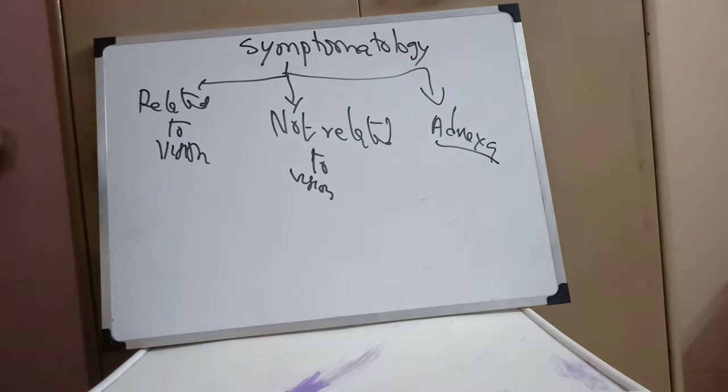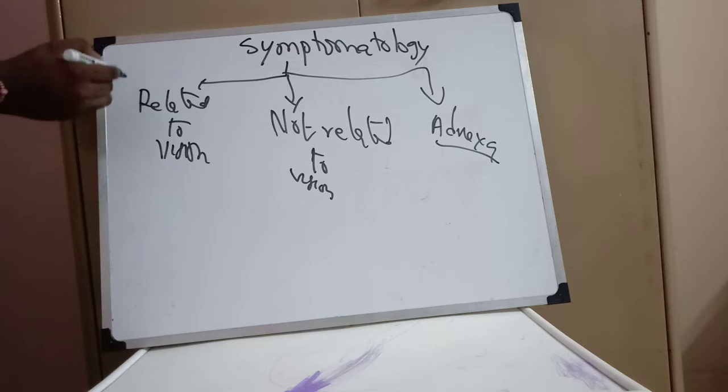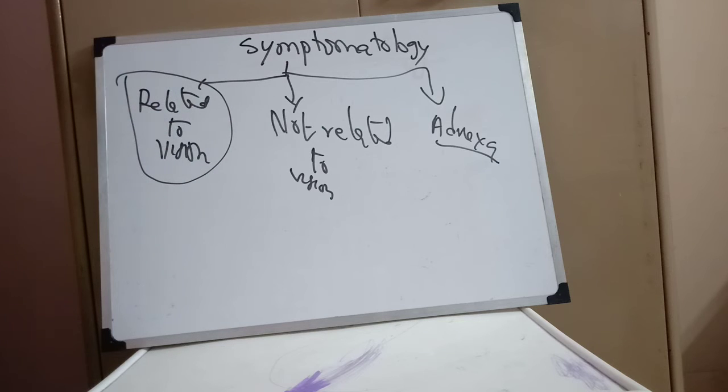What are the adnexa of the eye? Eyebrows, eyelashes, lacrimal gland, lacrimal system, eyelids, etc. So today in this video we are going to deal only with those symptoms which are related to vision. So what are the different symptoms related to vision?